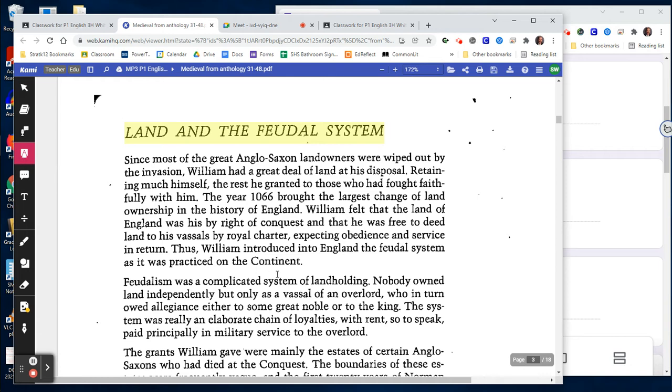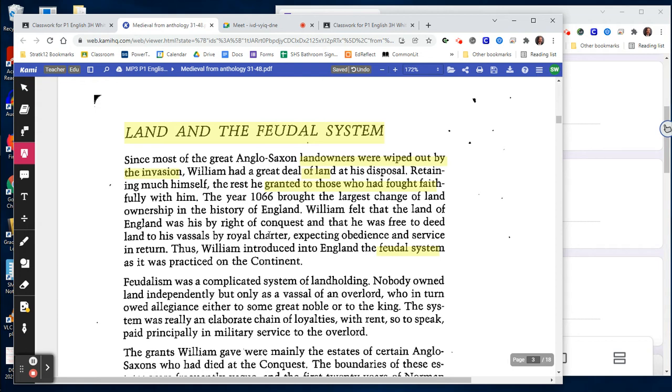Okay, so here we go. The feudal system. What the heck is that? Okay, this king wiped out all the landowners that were already there. So he had a whole bunch of land. What's the king going to do with a bunch of land? What he does is he keeps some for himself, and then the rest he grants to people who fought for him.